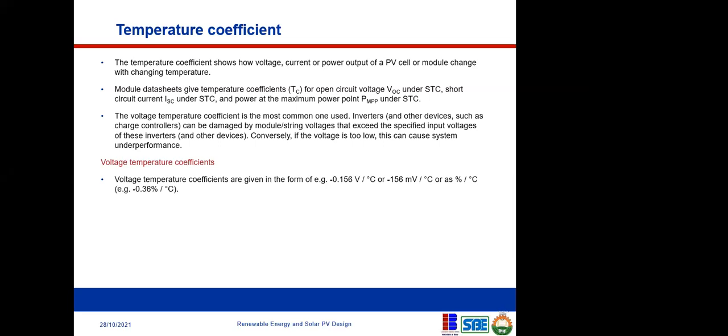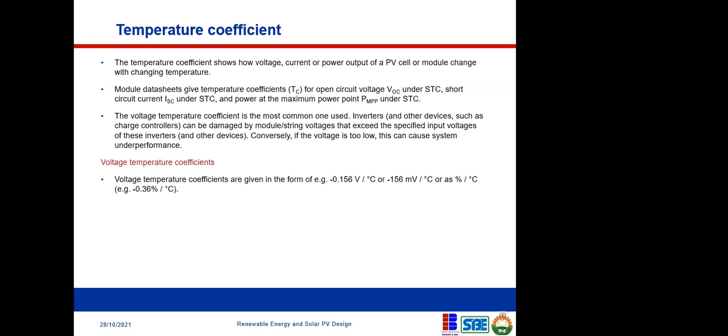So voltage temperature coefficients are given in the form of, for example, minus 0.156 volt per degree centigrade. What this means is that for every degree centigrade rise in temperature, your voltage loss is 0.156 volt. That's what it means.